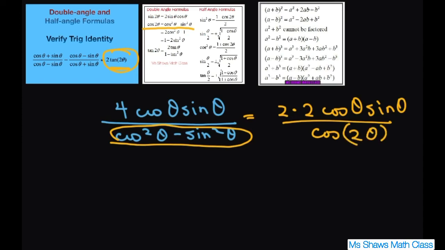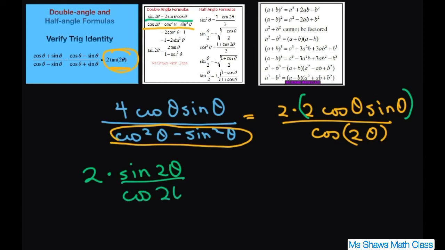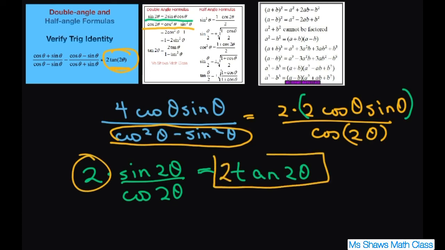I also know that this here equals sine of 2 theta. So what we have is 2 times sine 2 theta divided by cosine 2 theta. Well, sine divided by cosine is tan, so you have tan of 2 theta, plus you have this 2, so just put the 2 in front, and that gives us our desired result.